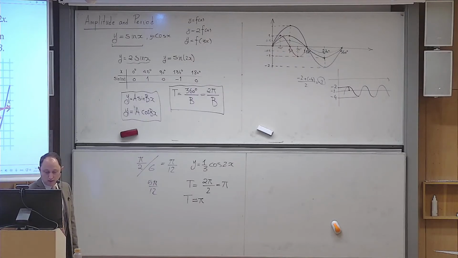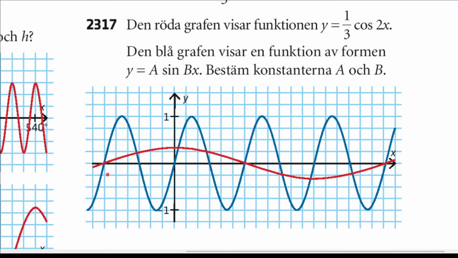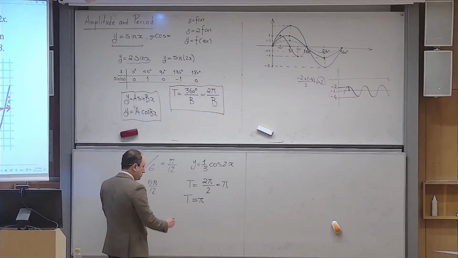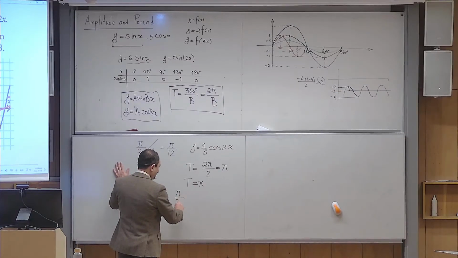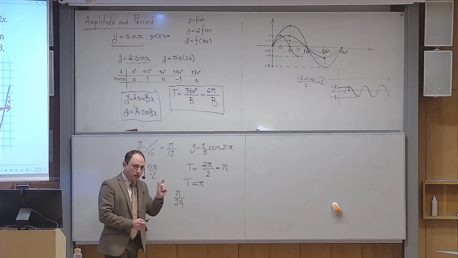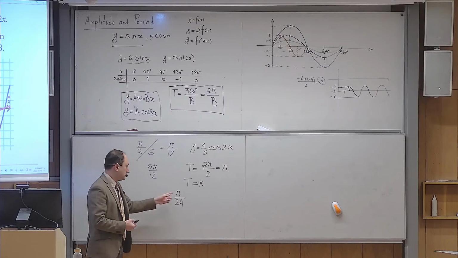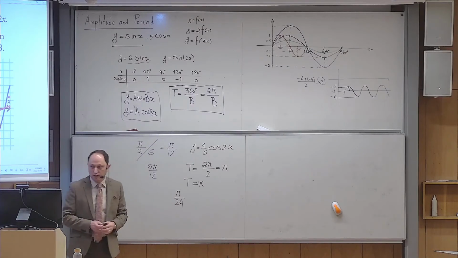Okay. Then you need to calculate how many grids are there. 1, 2, 3, 4, 5, 6, 7, 8, 9, 10, 11, 12, and of course how many more? 12 more, so 24. So it means that this period divided by 24 will be the length of each one of those grids. Yes? So that is the length of each grid.